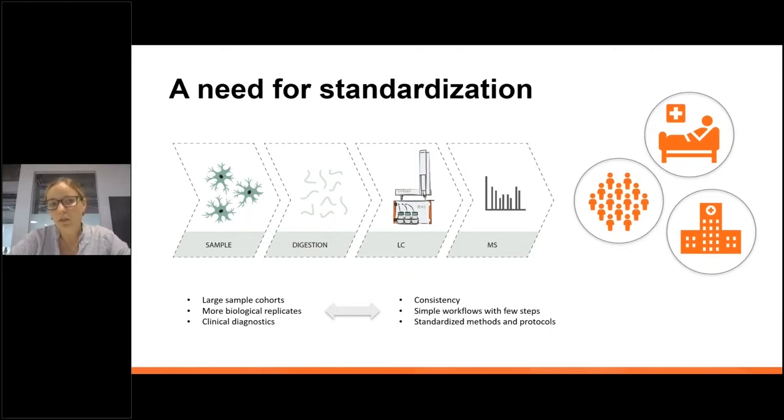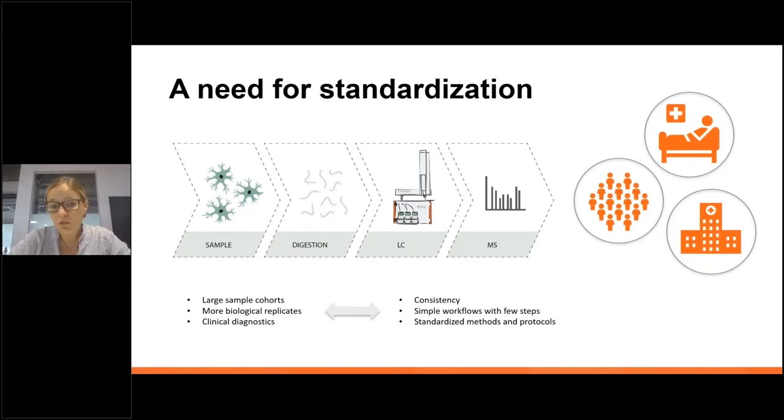And I think what we all would like to do with faster gradients is that we can now analyze large sample cohorts, where we can include more replicates, more conditions, and also go towards clinical proteomics and ultimately clinical diagnostics.